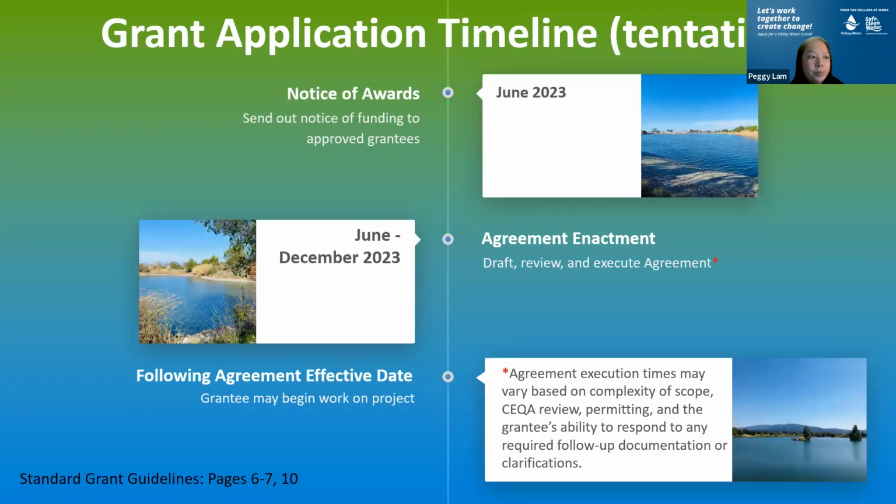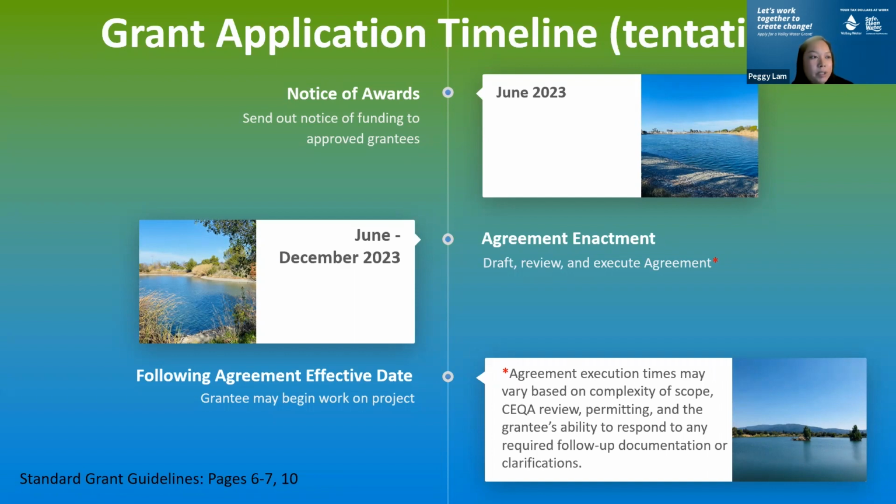So after the board approves the funding, our team will provide the award notices to all the applicants. So we expect this to happen around June. If you're awarded, we will then work with you to execute an agreement. We'll work closely with you to finalize the scope, schedule, and budget.